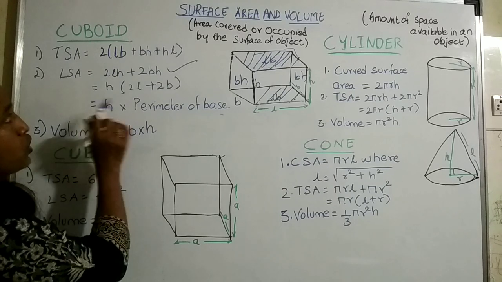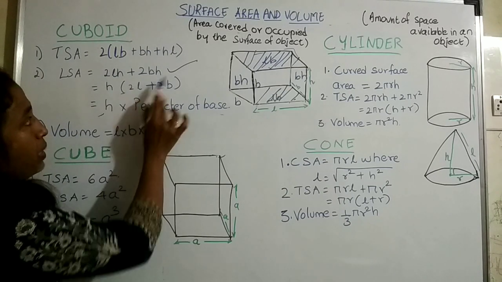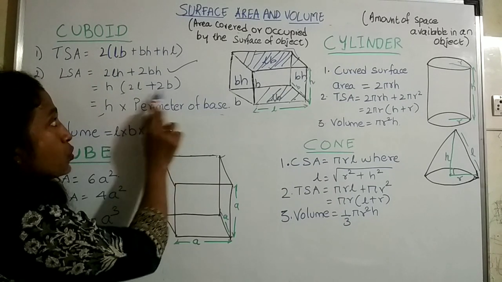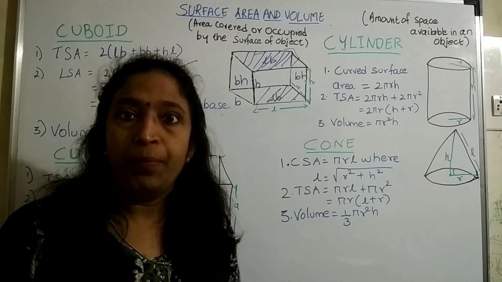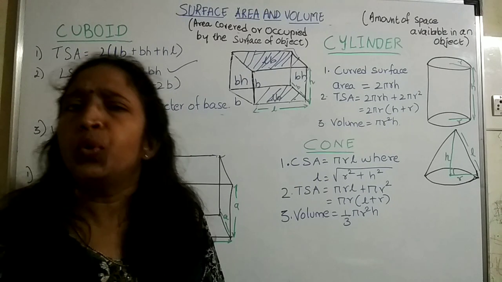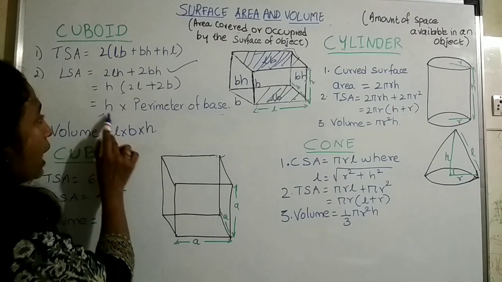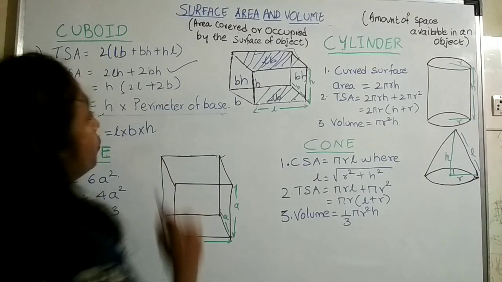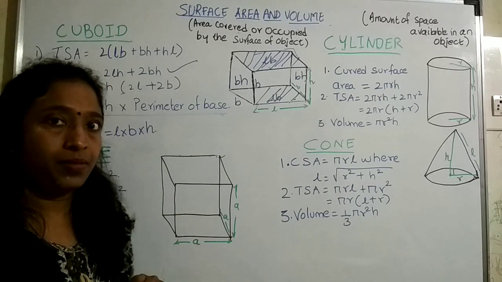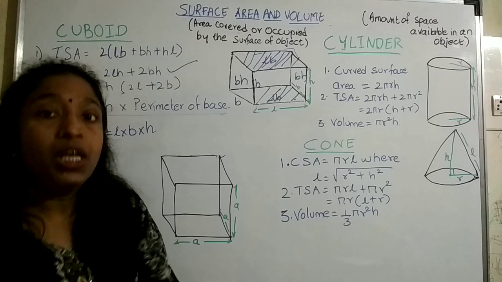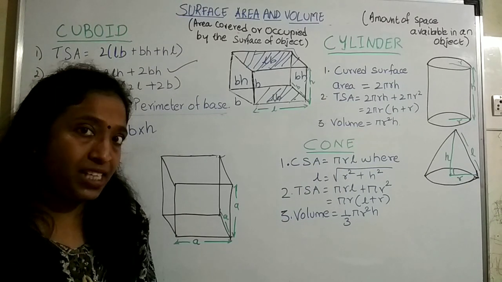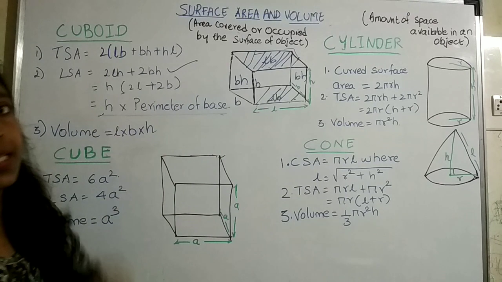Yes. If I take H common, I'll get H into (2L plus 2B). Now 2L plus 2B is nothing but the perimeter of the base. The perimeter of the base of a rectangle is 2L plus 2B, right? So I can also write this formula as H into perimeter of the base. So the LSA formula is 2LH plus 2BH, which can also be simplified as H into perimeter of base.